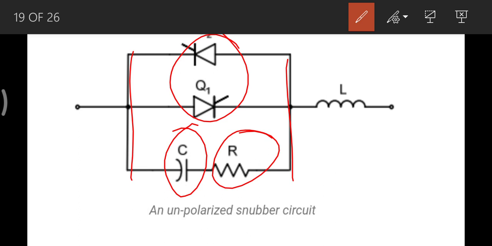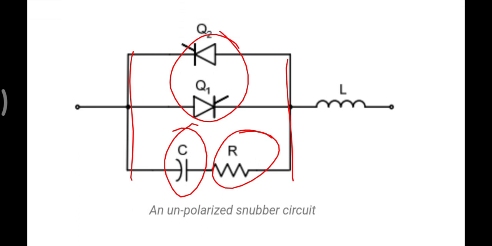So for better operation of this snubber circuit, we have to select the proper rated capacitor and proper rated resistor for better operation and better protection of the circuit. So let us see how the capacitor is selected in a snubber circuit.